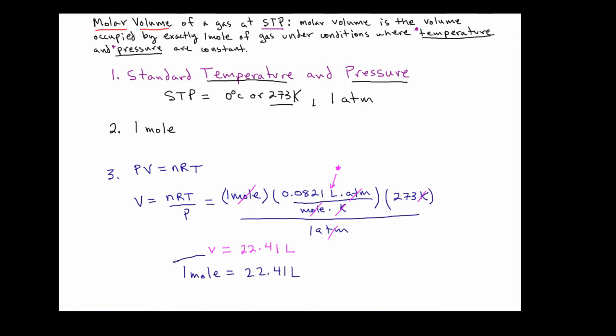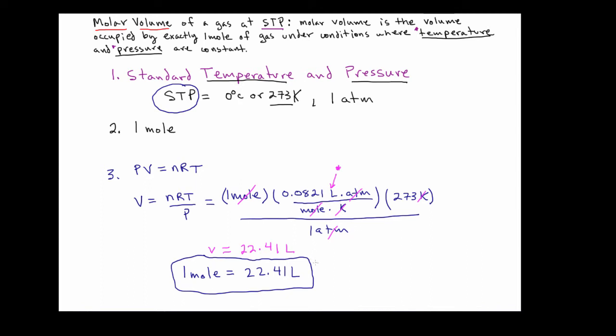This is a very important unit conversion factor because we can use it to do all kinds of different calculations for gases as long as we are under the stipulated conditions of STP.